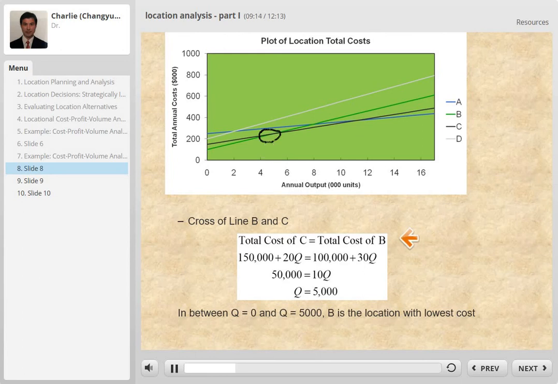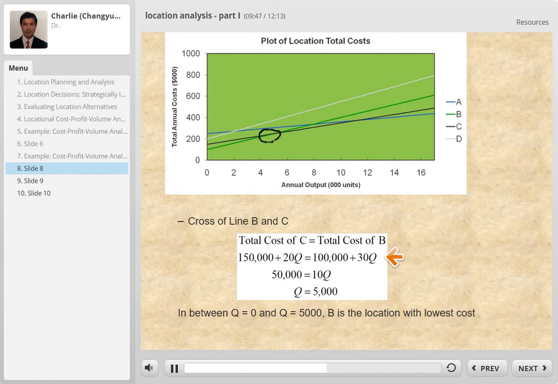In order to calculate that, we write it down: the total cost of C, which is the mark on the vertical axis, the total cost, equals the total cost of B. Total cost of C, the equation is 150,000 plus 20Q. Total cost for B is 100,000 plus 30Q.